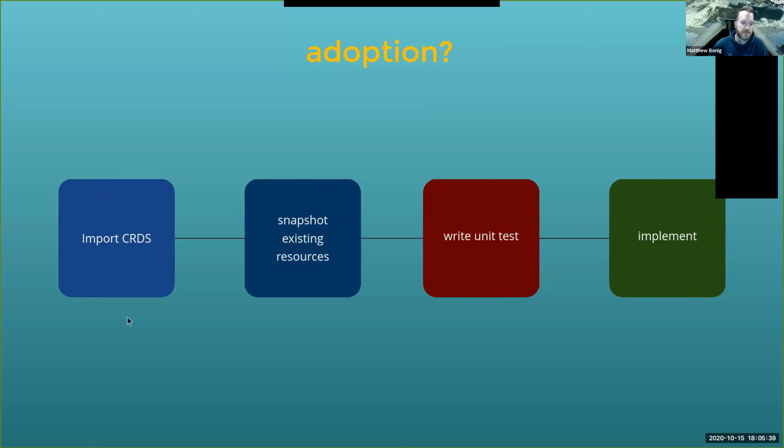So the first thing we need to do is define what we're importing and the types of resources we're going to build when we import our custom resource definitions and other things like that. Second step is we take snapshots of all of the resources we already have for a given workload in a cluster.